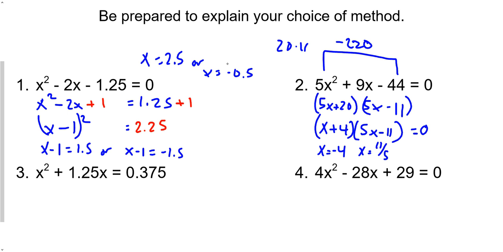Let's see, that's a quarter. A quarter plus 1 is 1 and a quarter. 1 and a quarter minus a quarter is 0. So that does work, and that does work as well. Here are my two answers, and both of those answers work for that one.